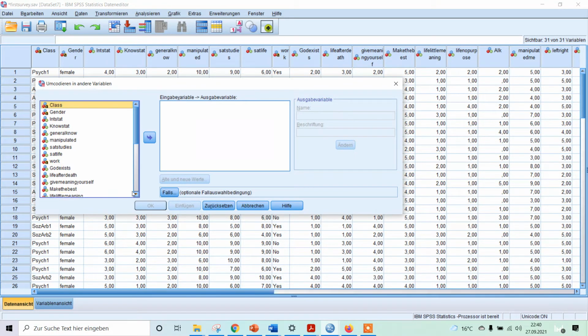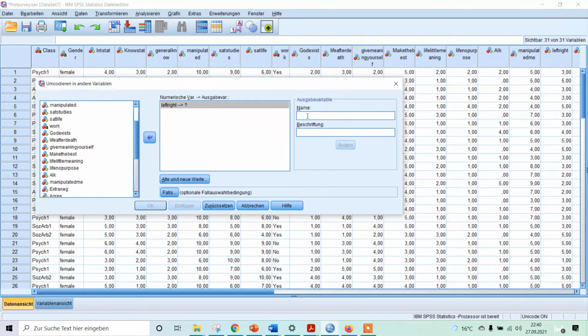That was the left-right spectrum. Here it is, we put it into the window. Now what should be the name of the new variable? It should be left-right group. Yeah, so we have to click on Change, don't forget that, so that we have the whole information for SPSS.